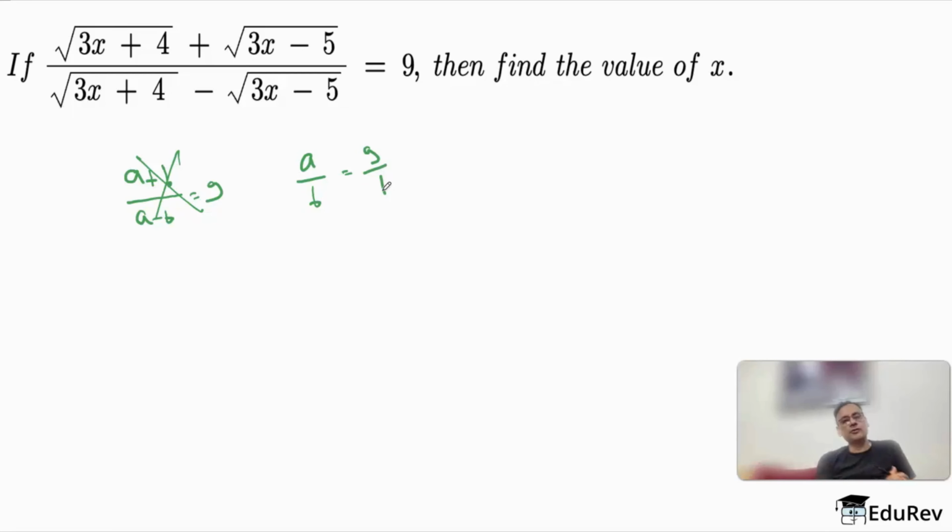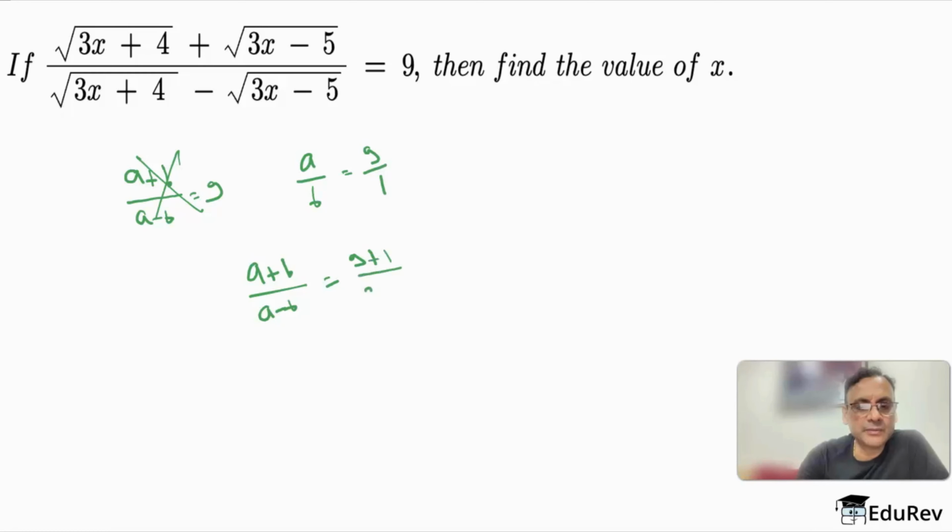Okay, so the whole of your numerator is a and the whole of your denominator is b. Now I'll convert it to the form (a plus b) upon (a minus b) is equal to (9 plus 1) upon (9 minus 1). So root 3x plus 4 plus root 3x minus 5 is a plus b, because I'm adding the denominator.